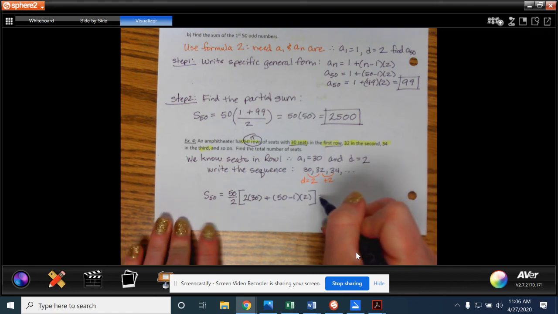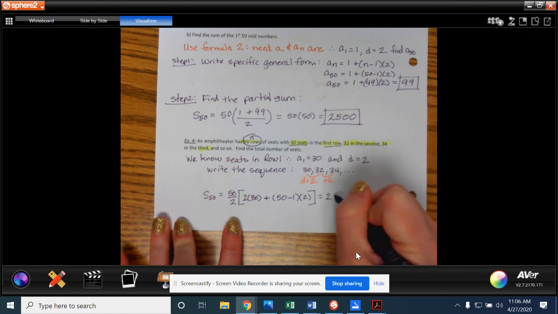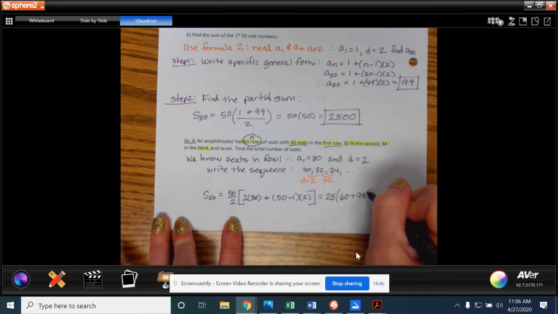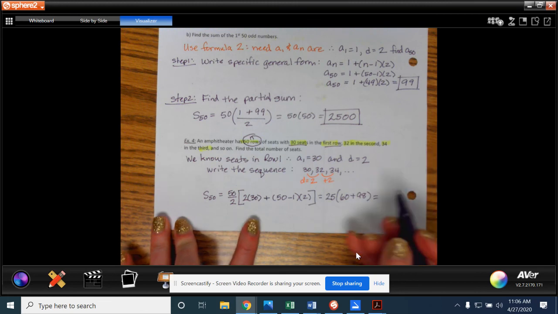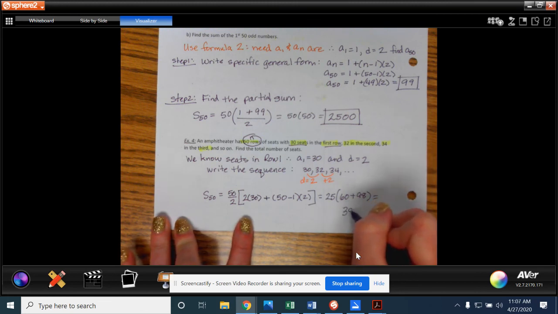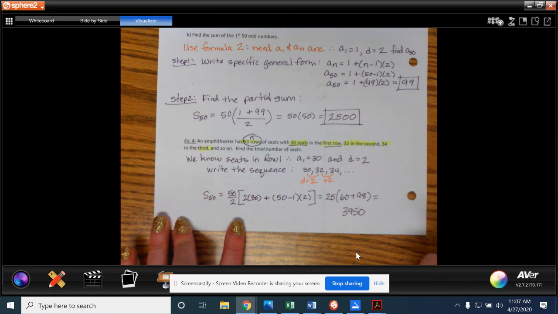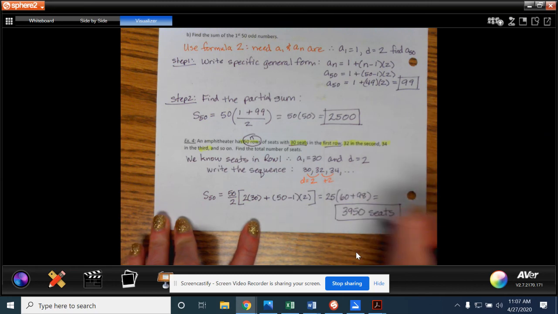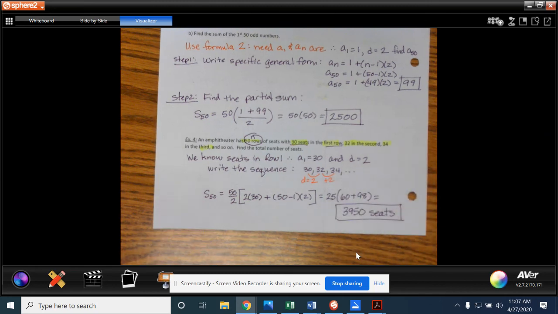Now, this is going to be the same as 25 times 60 plus 98, which equals 3,950 what? We're talking seats because this is application and needs to be titled. So there are in those 50 rows 3,950 seats.